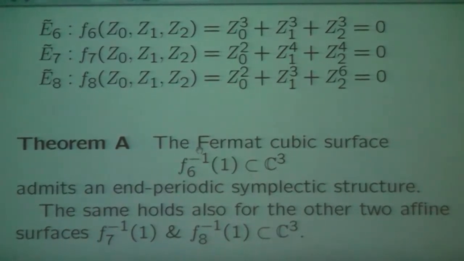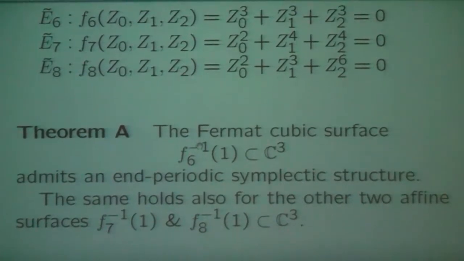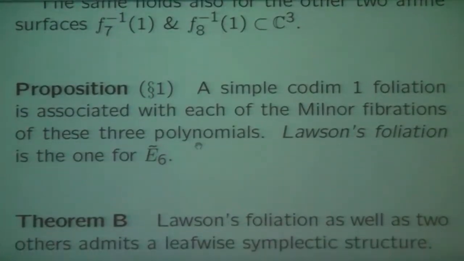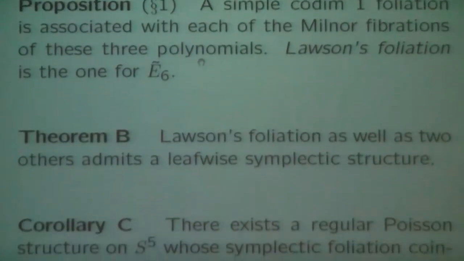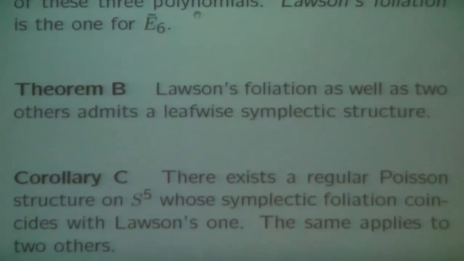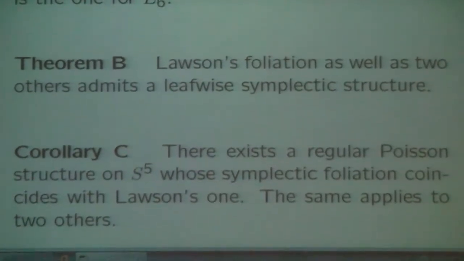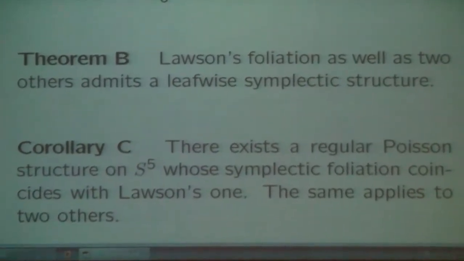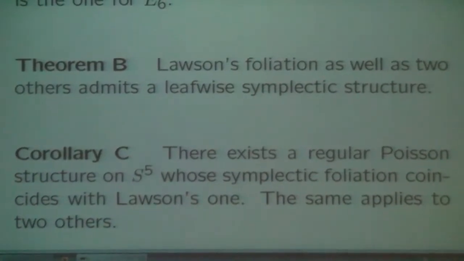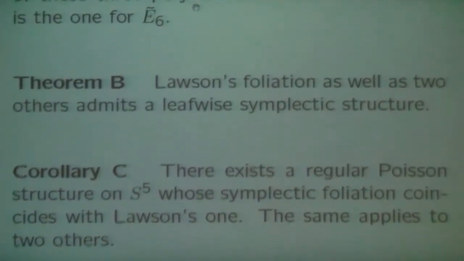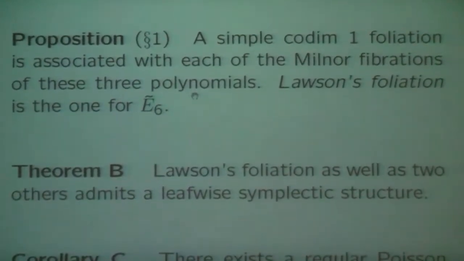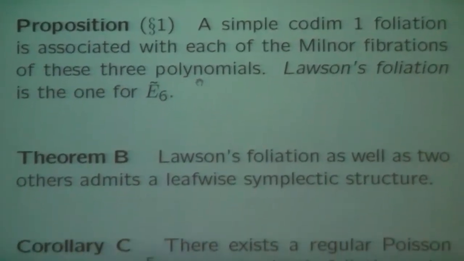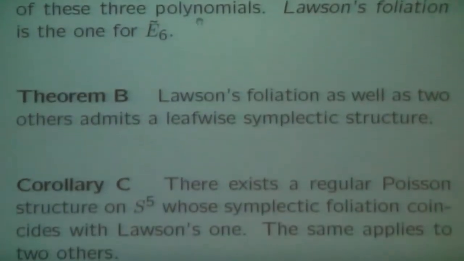And for those foliations, we can show that there exists a regular Poisson structure with associated symplectic foliation of dimension 4, which coincides as a foliation with Lawson's foliation, and the same applies to the other two polynomials.